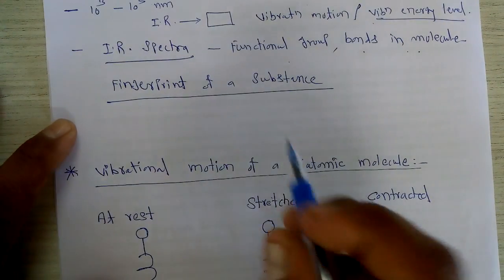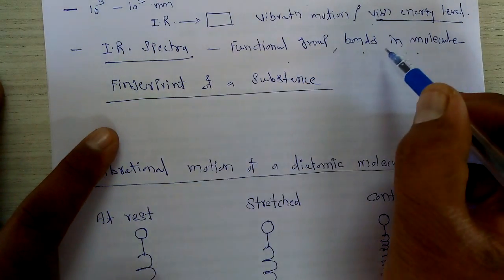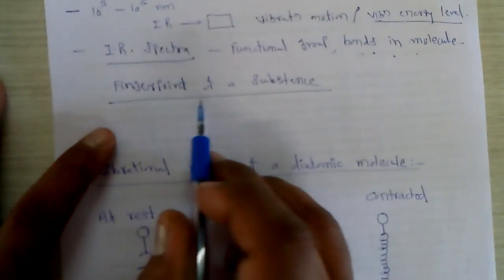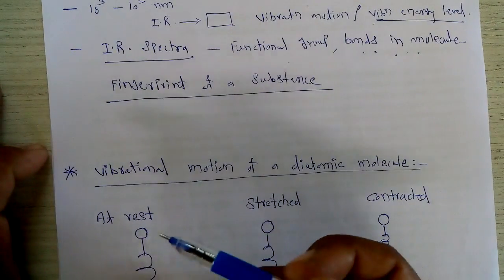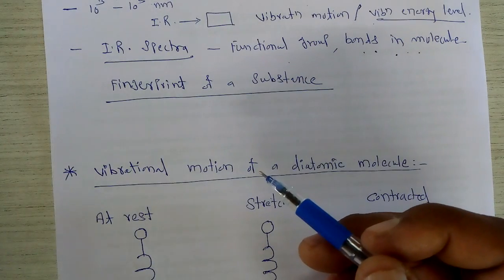And why is this so? Because we get an idea regarding the functional group as well as the bonds present in a molecule, which means we get an idea regarding the molecular structure of the molecule.